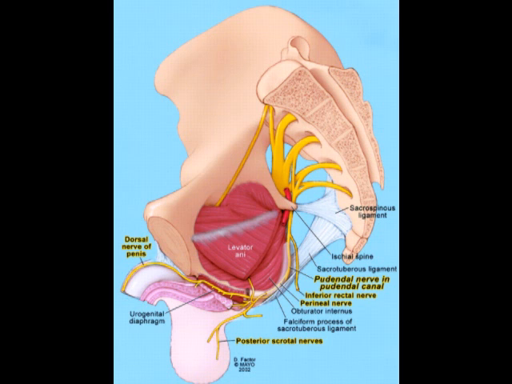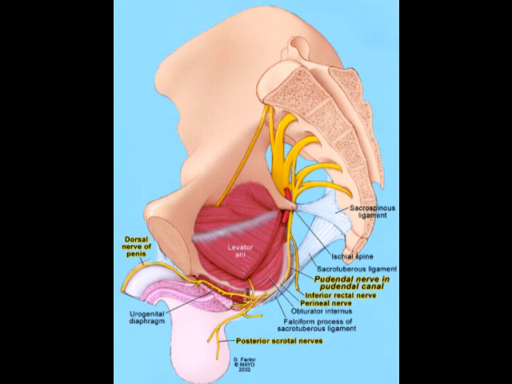Then there is the perineal nerve, which is another branch of the pudendal nerve, and that perineal nerve really affects more of just the perineum, hence the name perineal, which is basically the area in between your anus and right below your genitals, that area of skin right there.